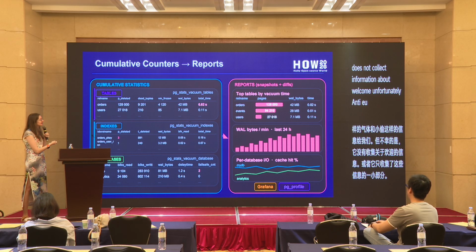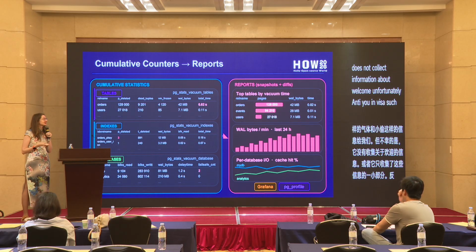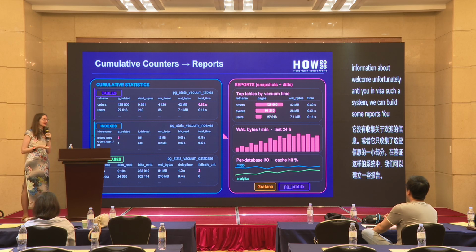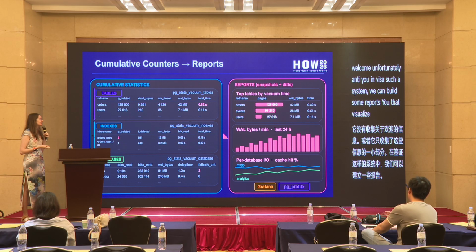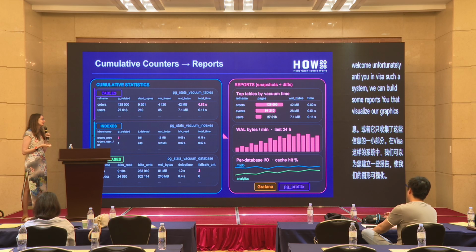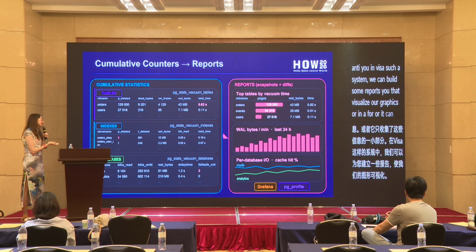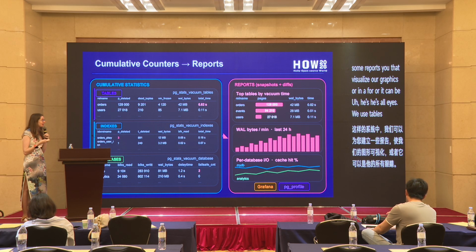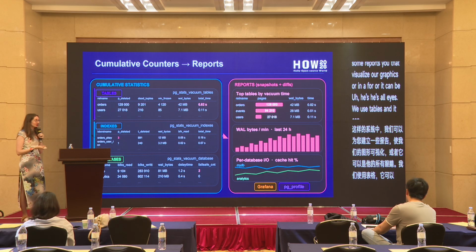With such a system, we can build some reports that visualize our graphics, or it can be visualized with tables, and it can show us how dynamically our system changed.